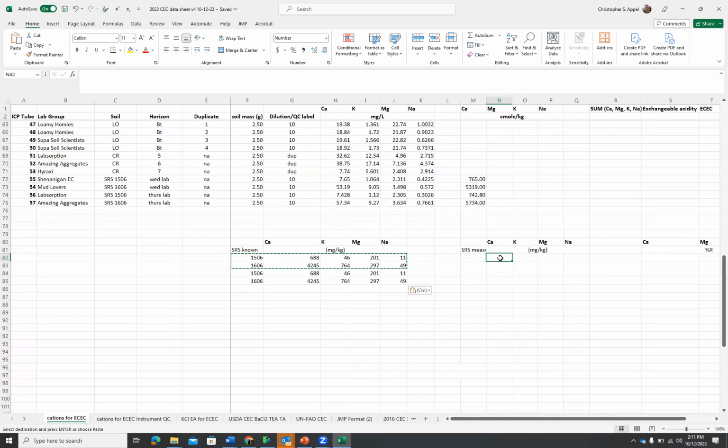When you're plugging in the formula in Excel, you just take this number and you multiply it by 100. That's what your concentration of that sample was in the soil. Let's do that.